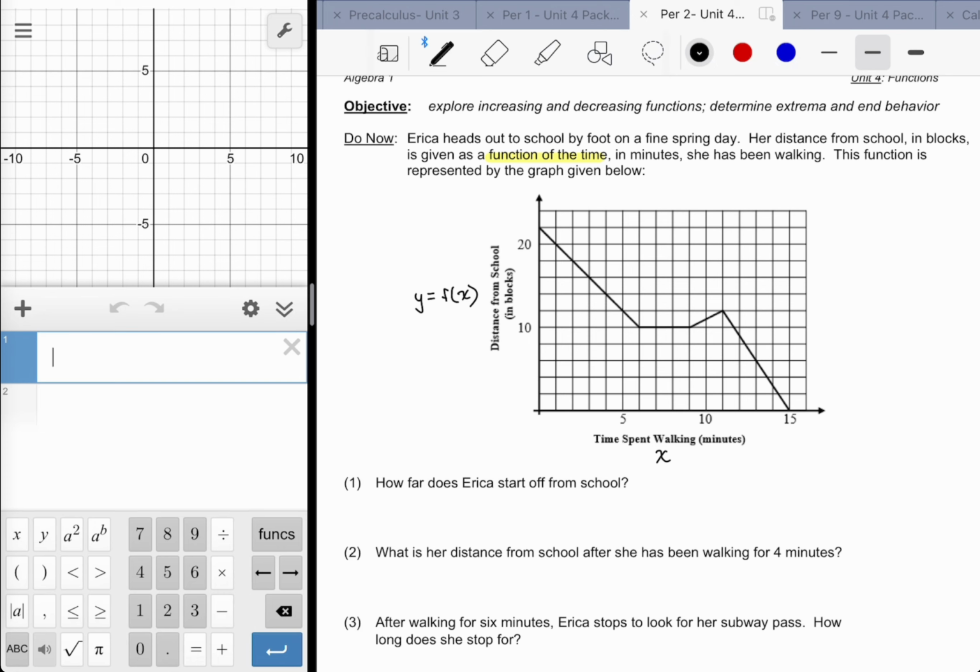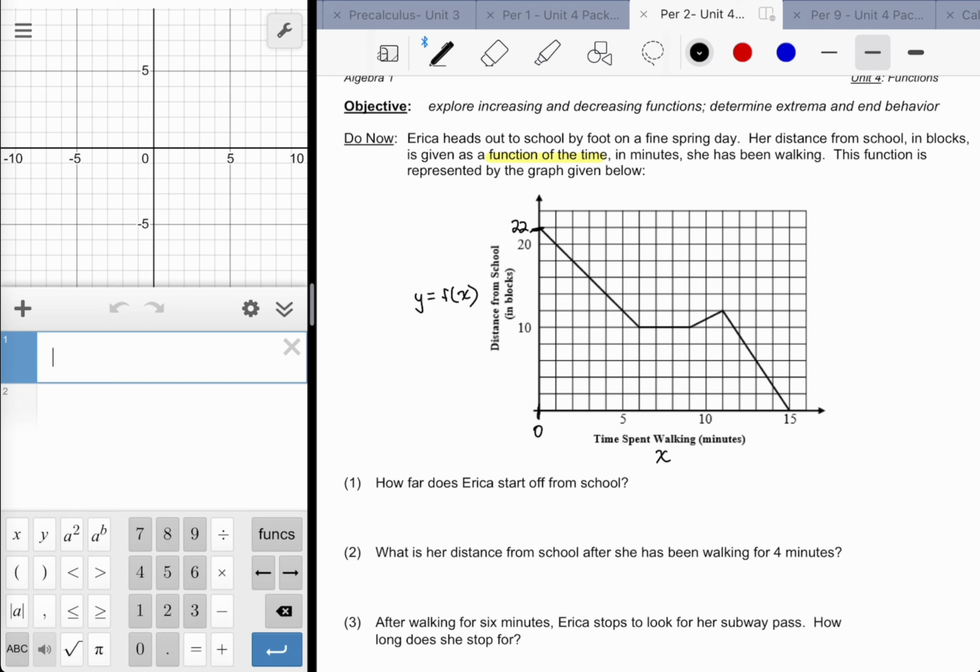So how far does she start off from school? Well, that's talking about when she hasn't left her home yet, and I'm assuming it's some reference to home to school, but it could be some arbitrary location. She's 22 blocks away, because at the instant when no time has passed, she hasn't gone anywhere, so that would be her initial distance.